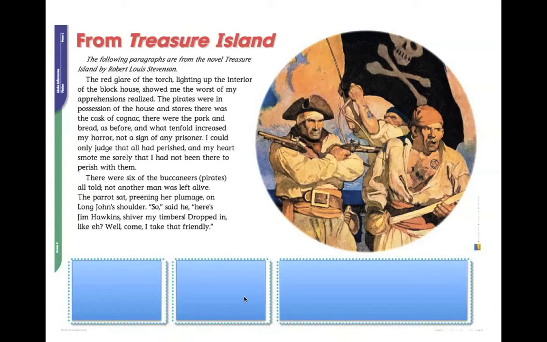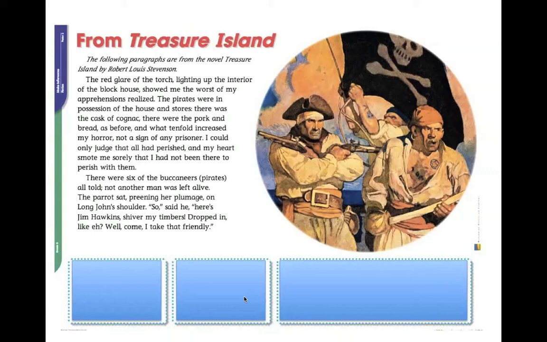In this paragraph, the narrator describes what he sees when he uses a torch to light up the blockhouse. The author uses vivid details such as the red glare of the torch and the cask of cognac to help me visualize the scene. The details help me imagine how the narrator feels. Visualizing the scene helps me understand the narrator's horror and guilt.